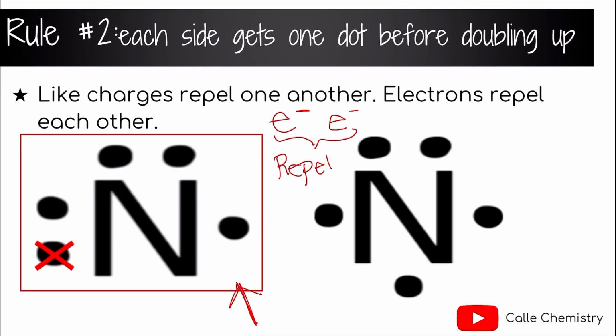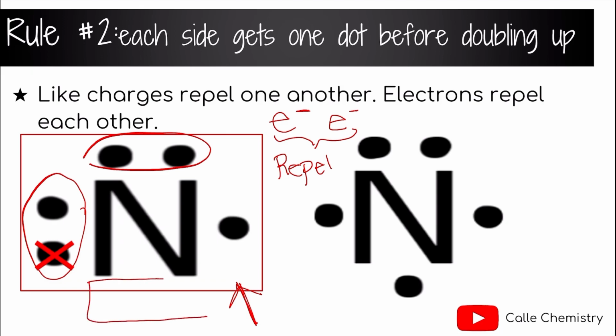So here we have an example where rule number 2 is not being followed. Here we have 2 electrons being doubled up on 2 sides. And there is a side that is completely unoccupied. So this is a big no, because we can use this space that is blank over here.